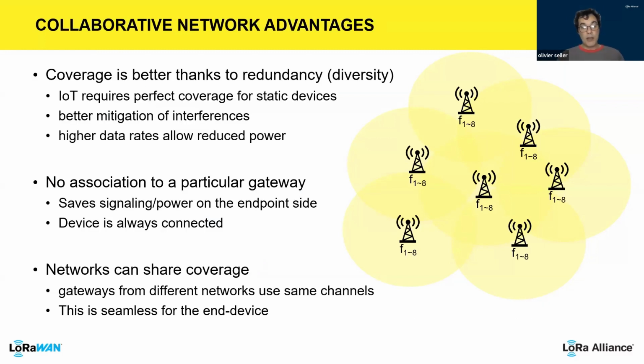The first one is better coverage, thanks to diversity. We call it macro diversity, because you have more chances of being in reach of a gateway if all the gateways may be listening to you. And it's important because in IoT, devices cannot move. Even if they are mobile, they don't choose their location.